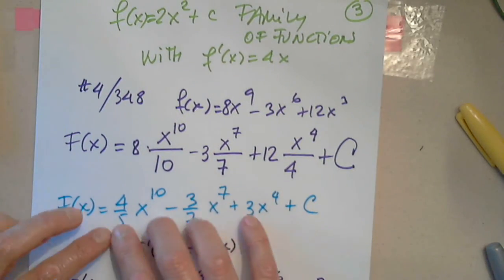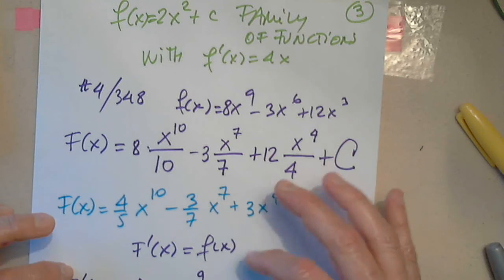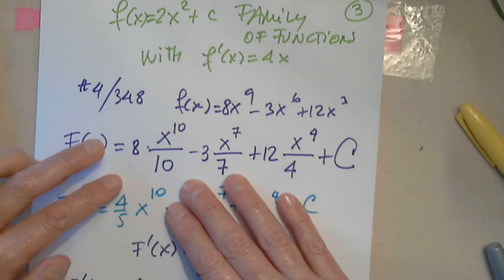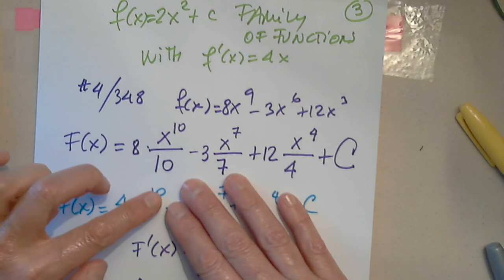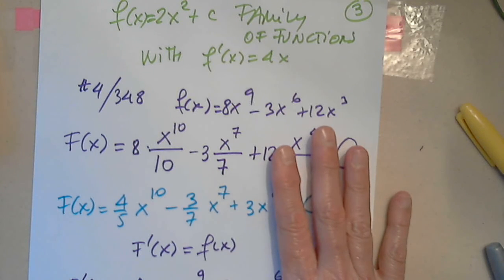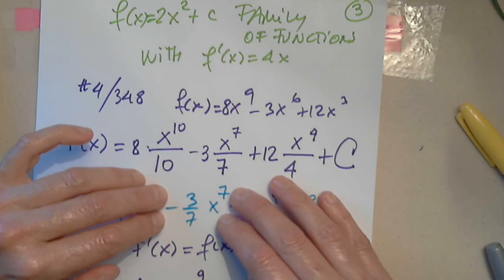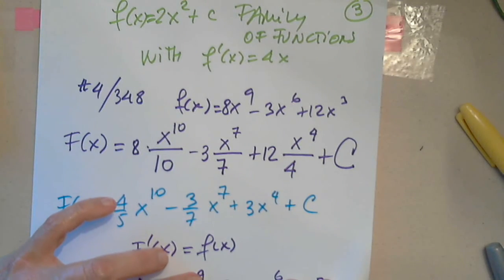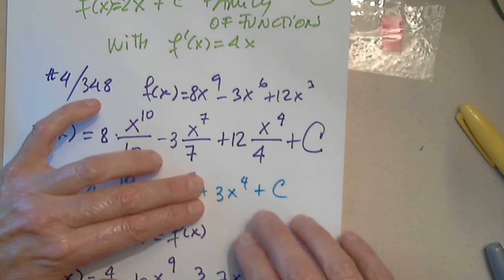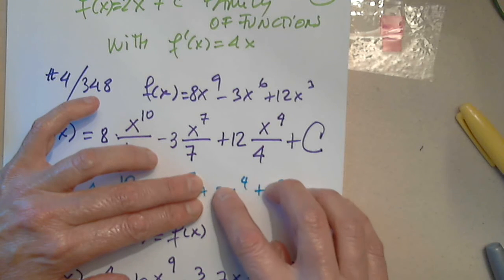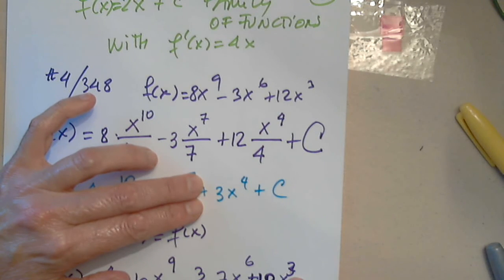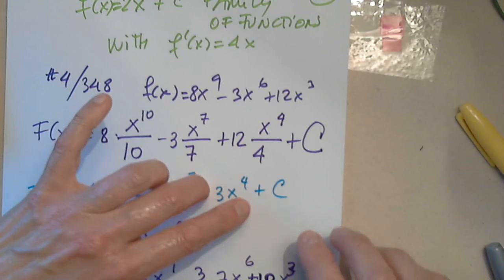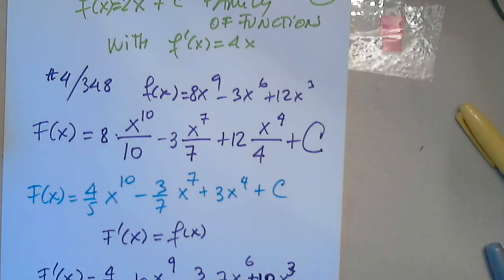So at this stage when I differentiate this piece, I bring 10 down and I subtract 1 from the power. When I differentiate this piece, I bring 7 down and I subtract 1 from the power. When I differentiate this piece, I bring down 4 and I subtract 1 from the power. When I differentiate this, I get 0.